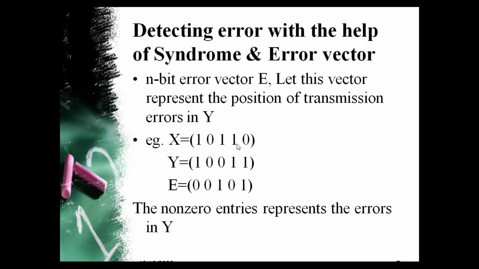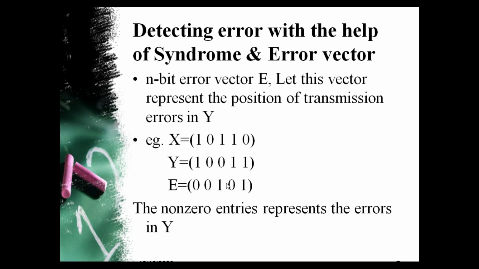A 5-bit code word, 10110, and the received code word is 10011. Then we can say the first bit has no error, the second bit no error, the third bit has an error. The actual bit is 1, but in the received code word it is 0.